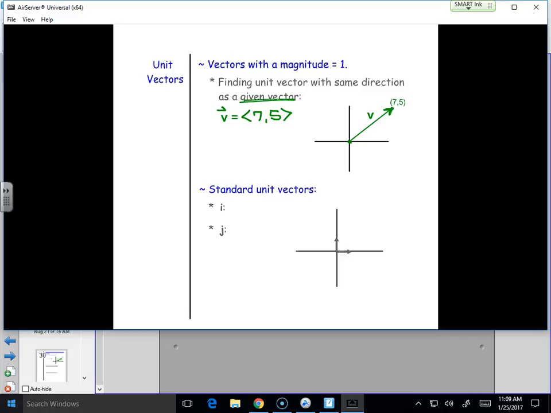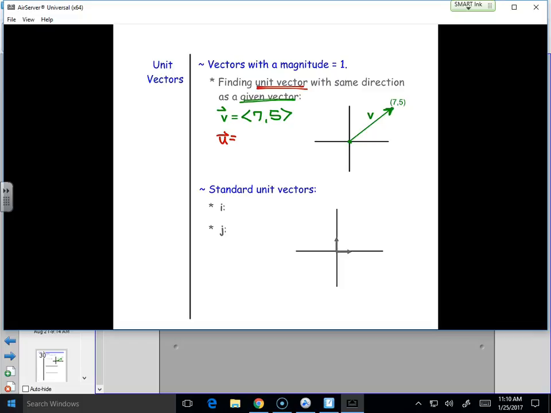What are we supposed to be finding in the problem? Unit vector. A unit vector only has a length of 1, right? Length meaning magnitude. So how does that compare to this vector? We know it's supposed to have the exact same direction, so the exact same angle, headed the exact same way.